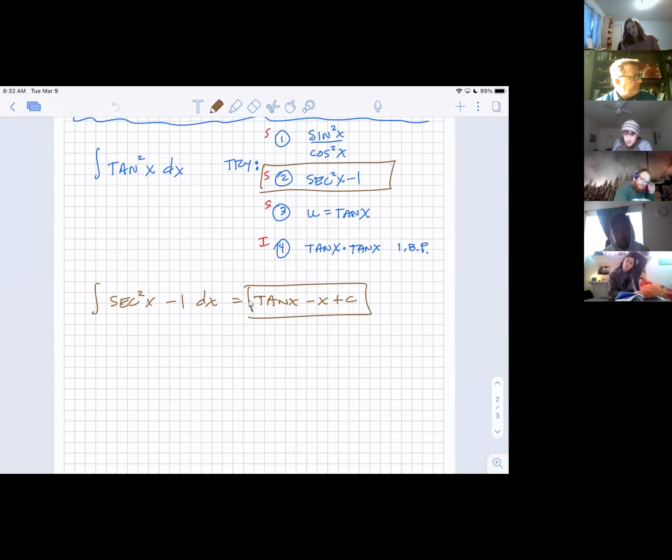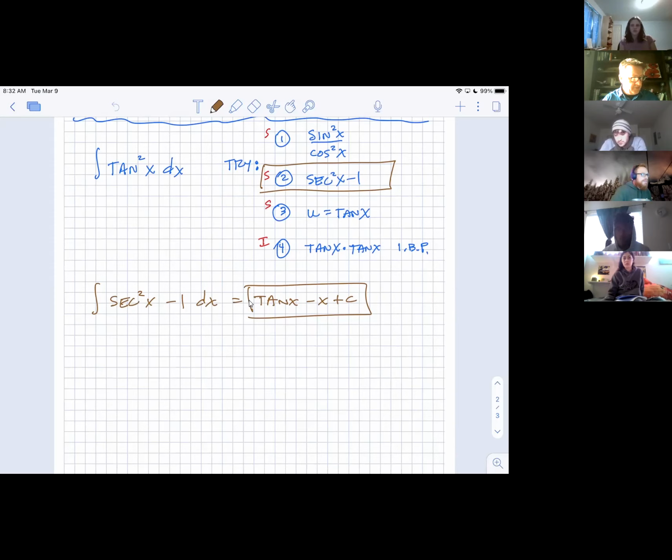Let me see if this is in the book somewhere. Oh yeah. So you might consider looking at this at the back of your book, because I did want to look at something like this.